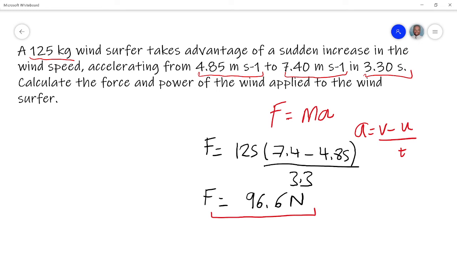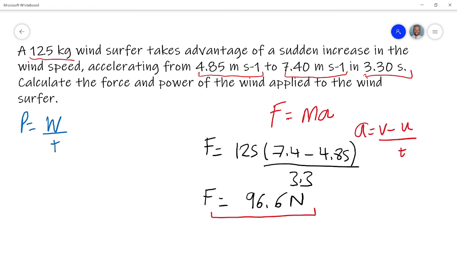The reason why I say this is because the unit for work is also the same as the unit for energy, which is joules. So if you look at the formula involving power, we know very well that power is work over time. We've got our time, which is 3.3 seconds.